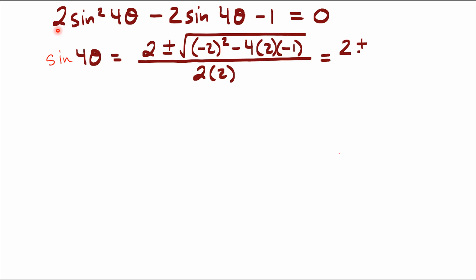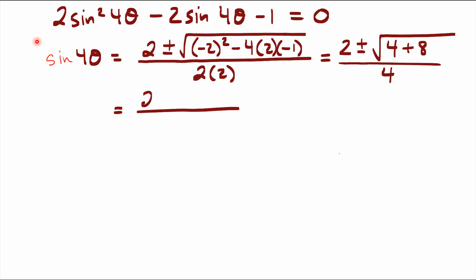So 2 on top here, and inside there, -2 times -2 is a 4, and then -4, I think of this as a negative here, so it's -4 times 2 times -1. And that should be an 8, still divided by 4.